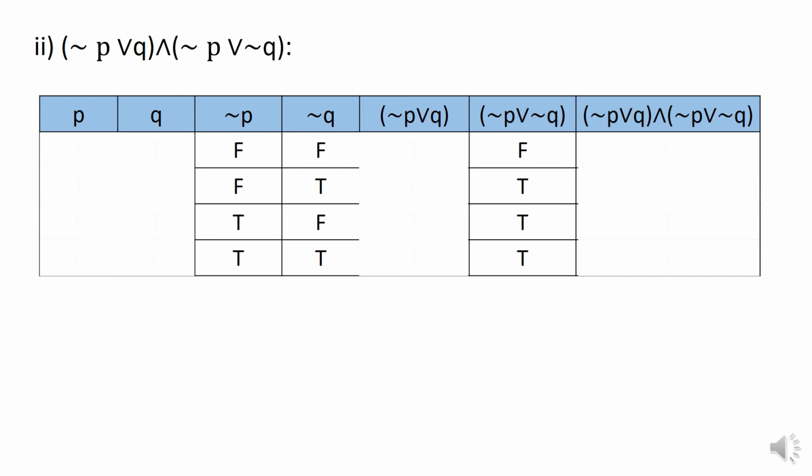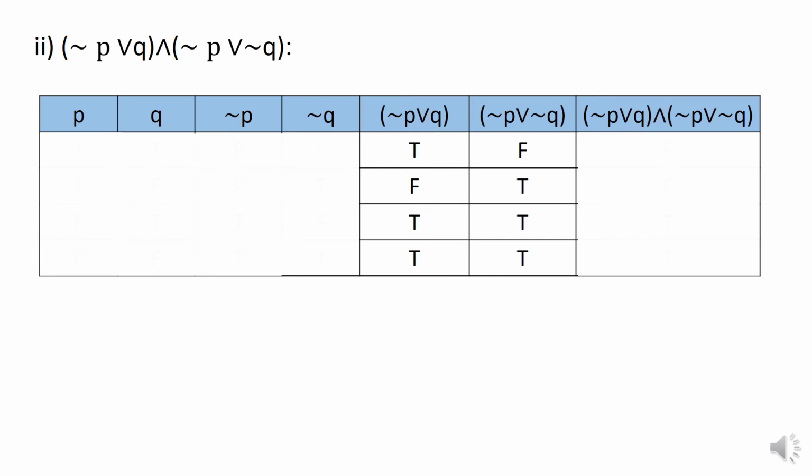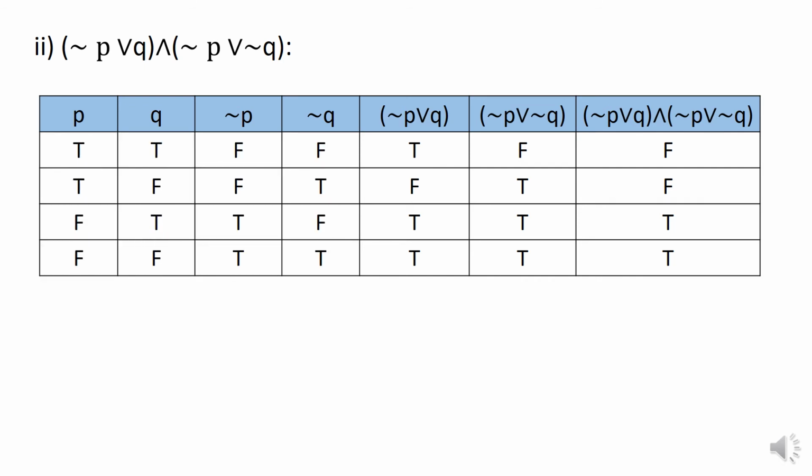Now for the last column, we have to consider only the fifth and the sixth columns. Therefore, let us consider that. So true and false, false. False and true, false. True and true, true. True and true, true. The entire sum we are going to write in this way.